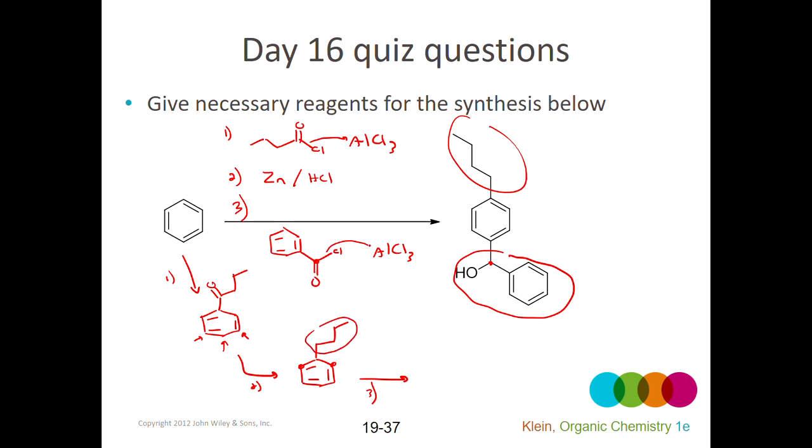The chlorine's going to leave and go to the aluminum, creating another acylium ion, stabilized by resonance. But then the ring, this ring, is going to attack that from the para position due to sterics blocking the ortho position and due to this being an ortho-para director through induction and hyperconjugation. So that will allow this structure to form.